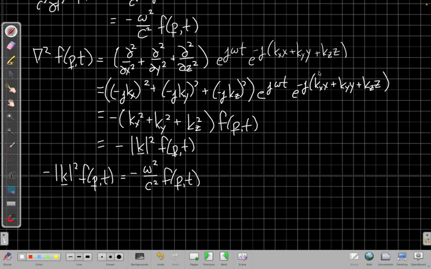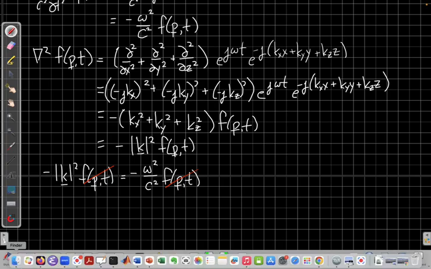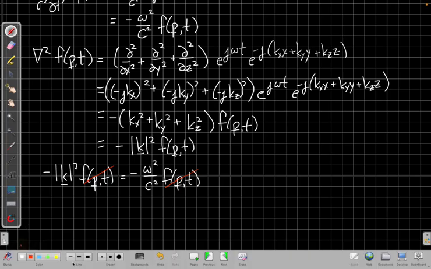Now I've got that f on both sides, I can cancel it out. And what that leaves me with, getting rid of the minus sign on both sides, is the norm of k squared is omega squared over c squared.